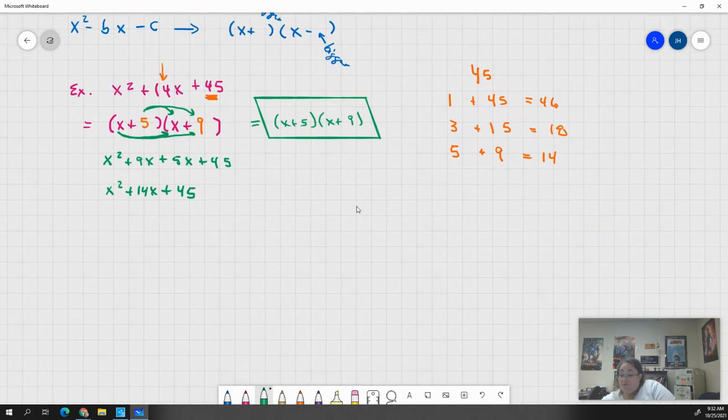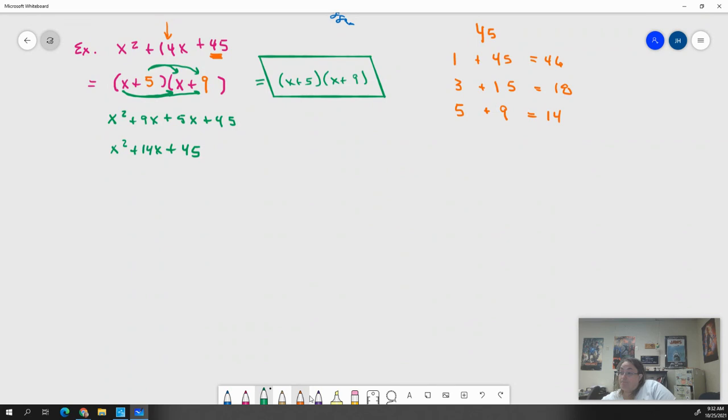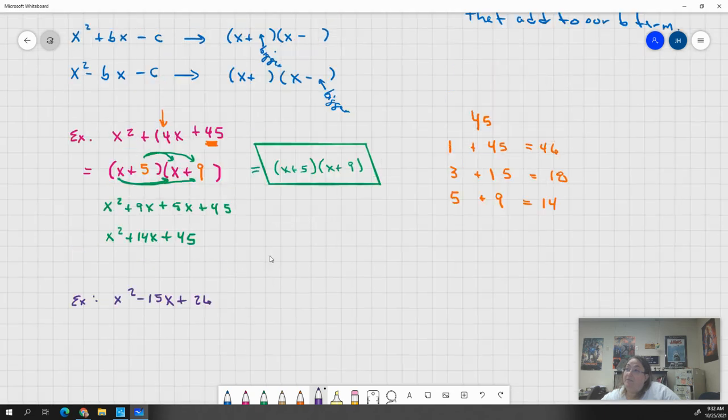So let's look at some more of these. What if I had x squared minus 15x plus 26? If you look at our chart, we have a positive C term and a negative B term.